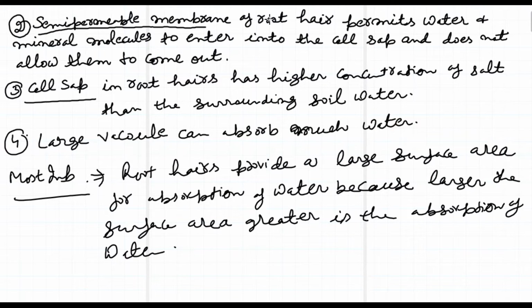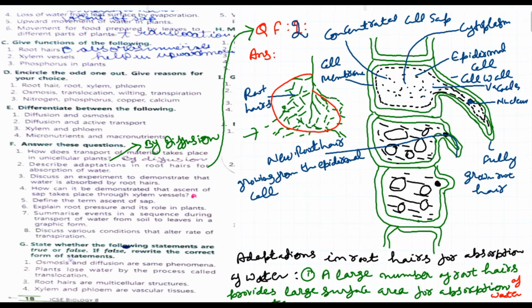The semi-permeable membrane of the root hair permits water and mineral molecules. Selective mineral molecules enter through the semi-permeable membrane into the cell sap and it does not allow them to come out, right?